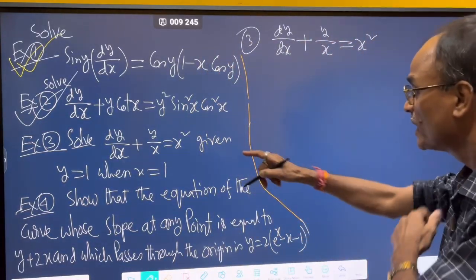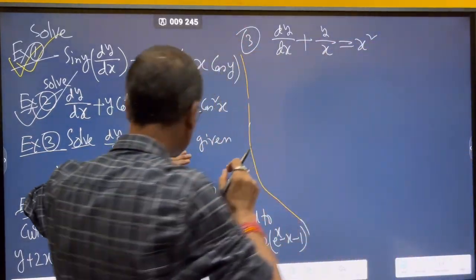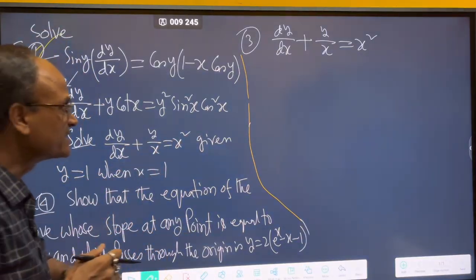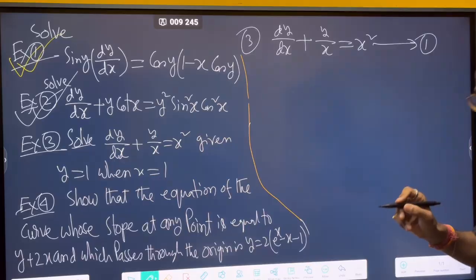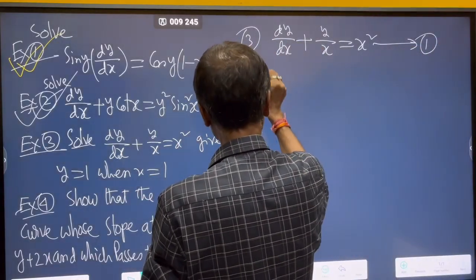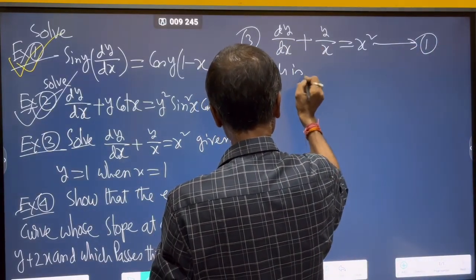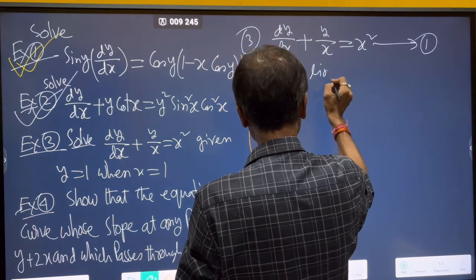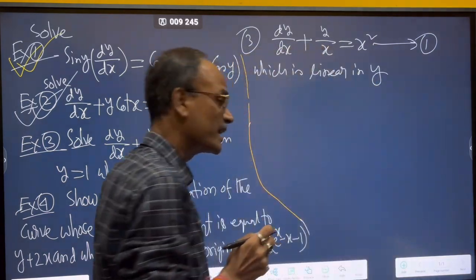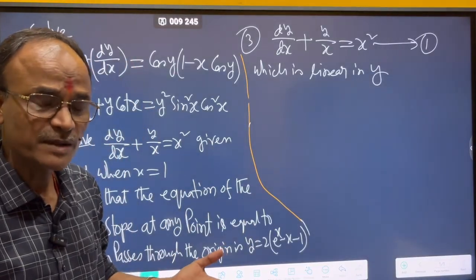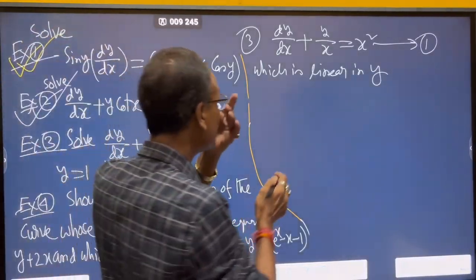Now first let us solve the differential equation. This one is linear in y, with y as dependent variable, x as independent variable.